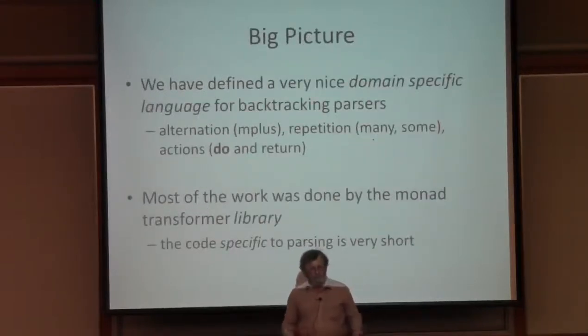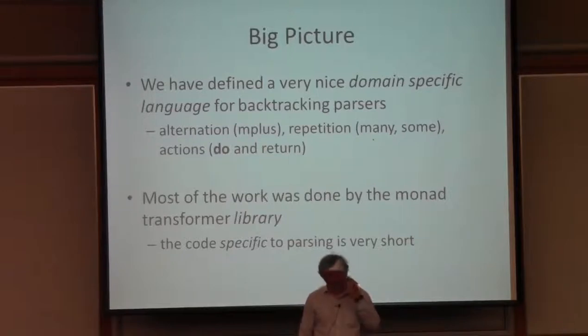So what I have now is a very nice domain-specific language, in effect, for programming backtracking parsers. I can easily represent alternation, repetition, actions that the parser should perform. So if I'm given a grammar I want to parse now, it's going to be very easy to build a parser for it.